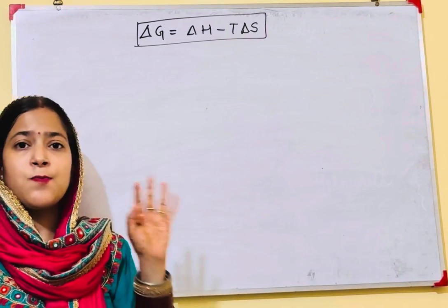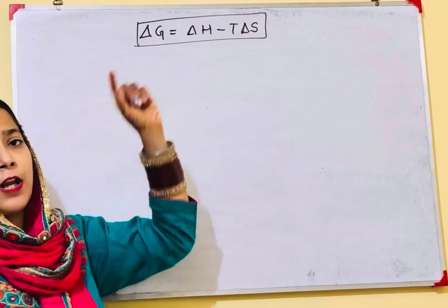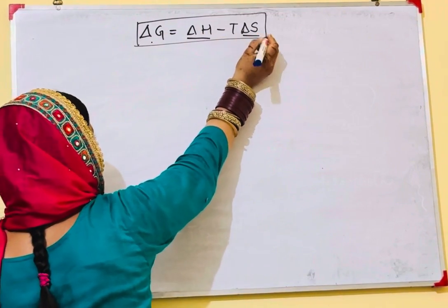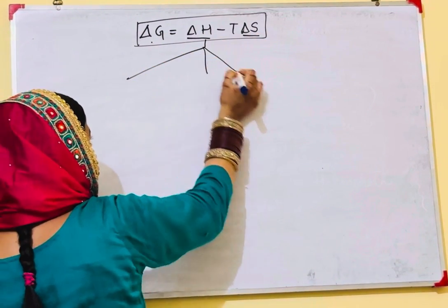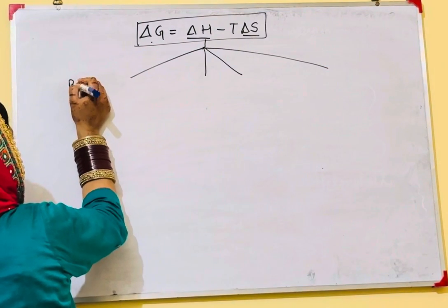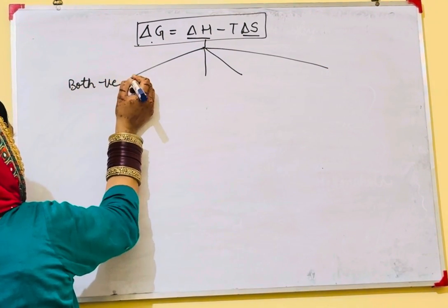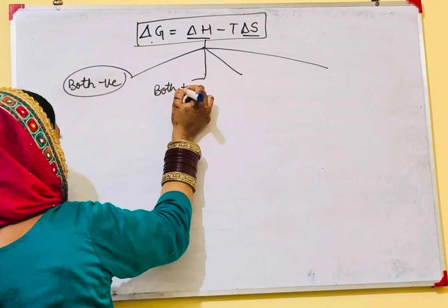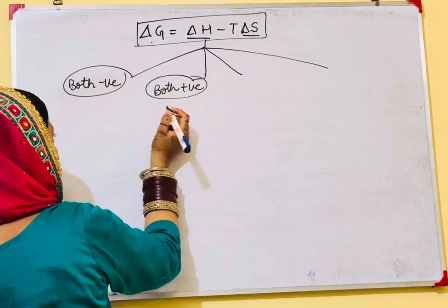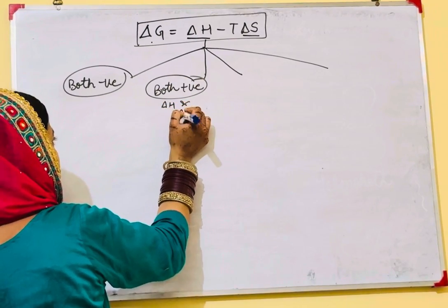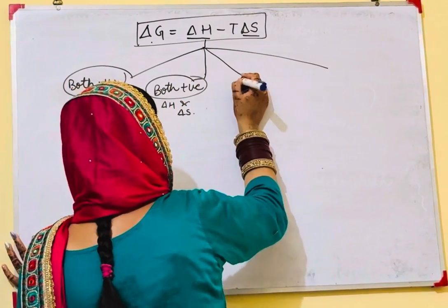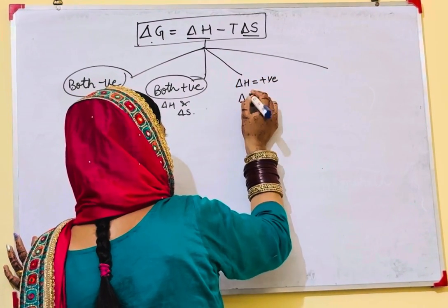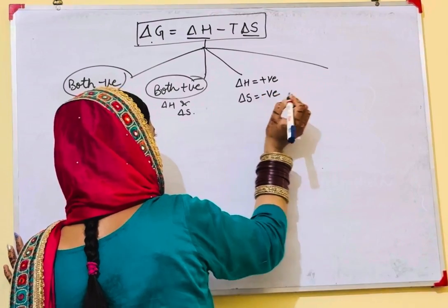Now we will discuss spontaneity in terms of Gibbs free energy. First you will see that delta G depends on delta H and delta S. So here are four possibilities. First is both negative. Second is both positive, where both means delta H and delta S. Third, delta H positive, delta S negative.